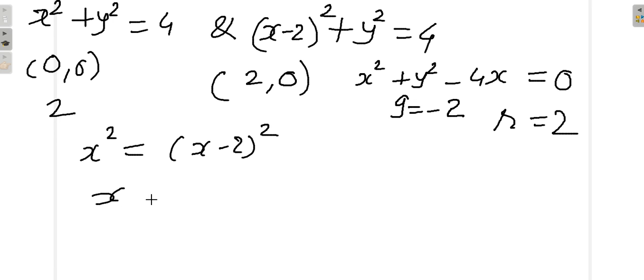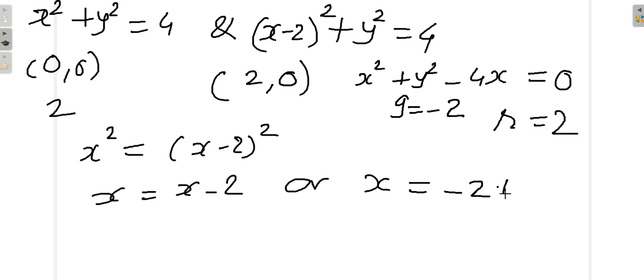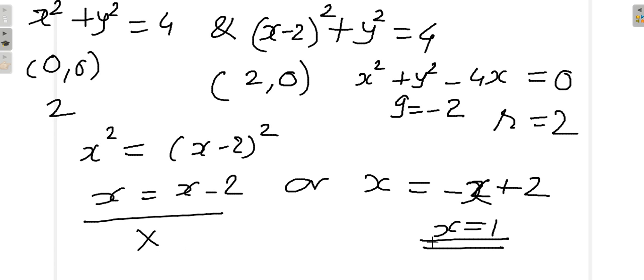And that gives you x equal to x minus 2, or x equal to minus of x minus 2, and that gives you x equal to 1. x equal to x minus 2 is not possible, so it gives you x equal to 1. The circles intersect at the points whose x coordinate is 1.